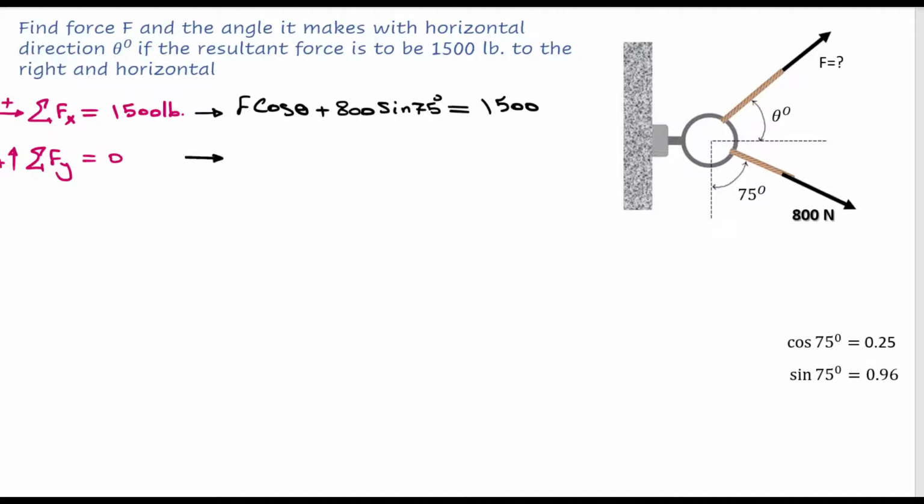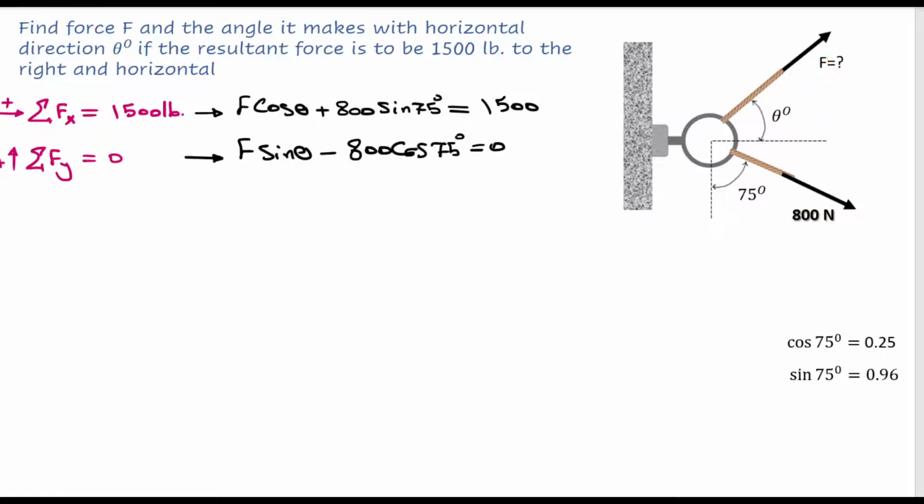For the y component, I have F sine theta minus 800 cosine 75 degree equals to 0. So this is the component of F along y-axis, and this is the projection of 800 along y-axis, so both are downward.